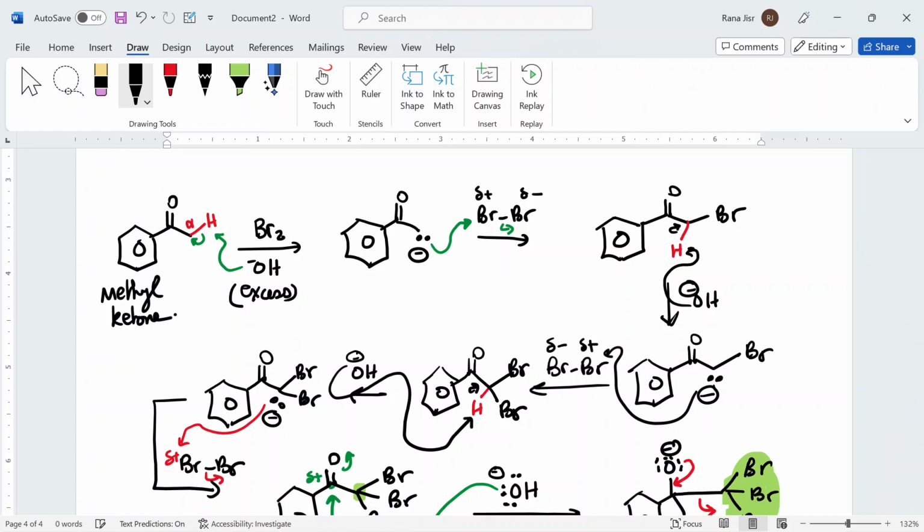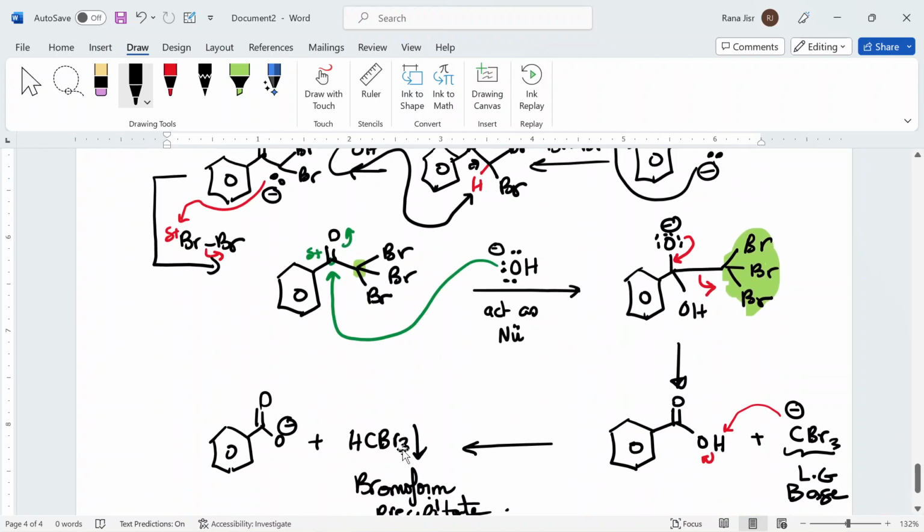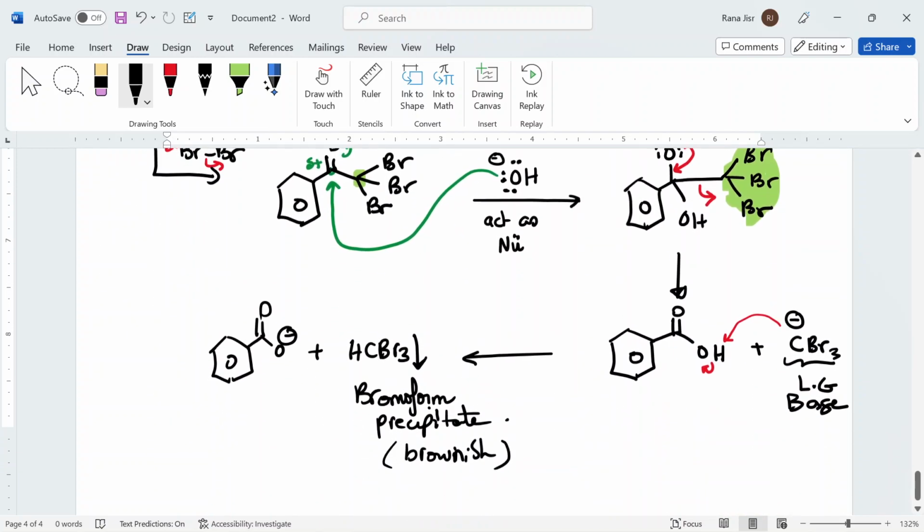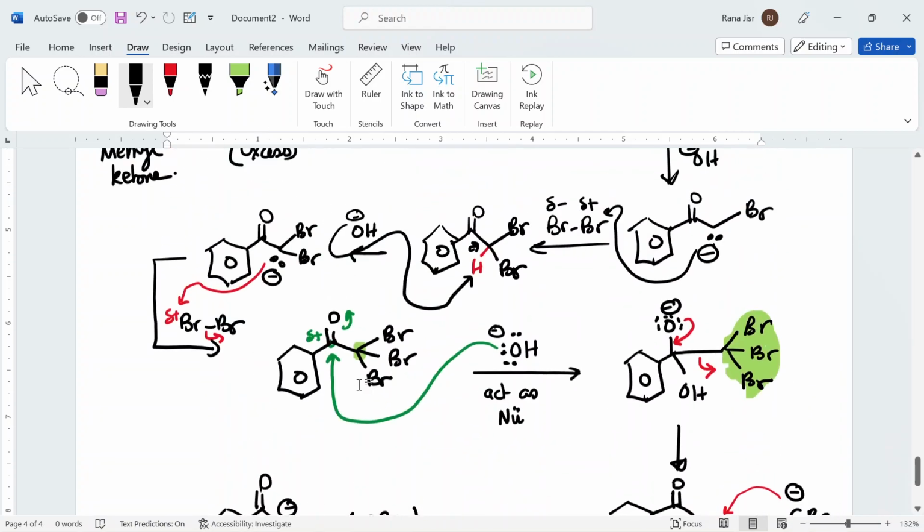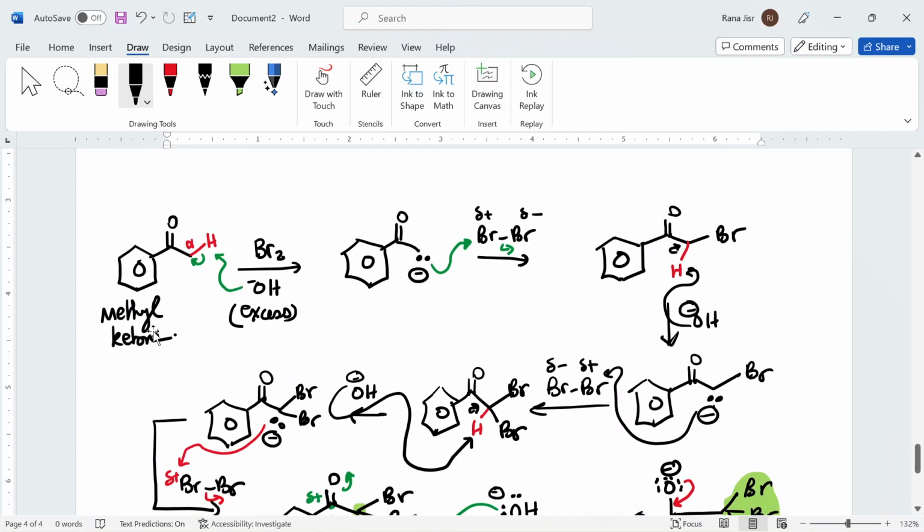Because methyl ketones are the only type of ketones in there that have 3 hydrogens next to the carbonyl. So the bromination in acidic medium is going to proceed by replacing all the alpha hydrogens in there and creating a precipitate. With this, when you see the precipitate, you would know that you started with a methyl ketone.